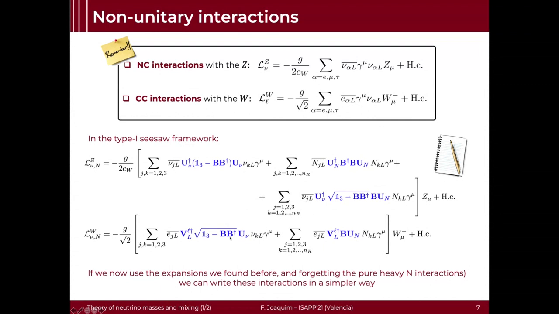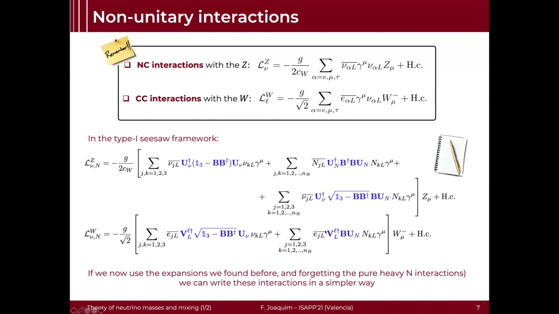If B goes to 0, you recover the expression for the lepton mixing matrix that we got on Friday, which is just the misalignment between V_L, the matrix which diagonalizes the charged lepton mass matrix on the left, times U_ν, the matrix which diagonalizes the neutrino mass matrix.